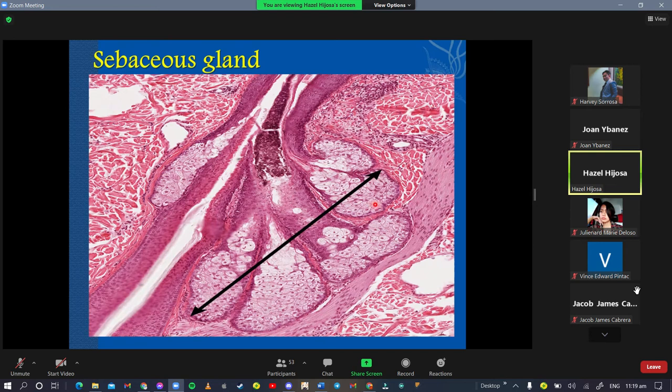So what is the anatomical or morphological classification of your sebaceous gland? Simple branched acinar, Doc. This is simple branched acinar or saccular glands. If it's larger, then it's saccular.